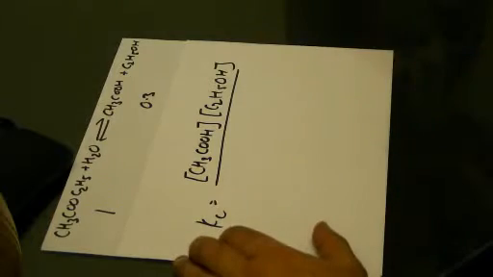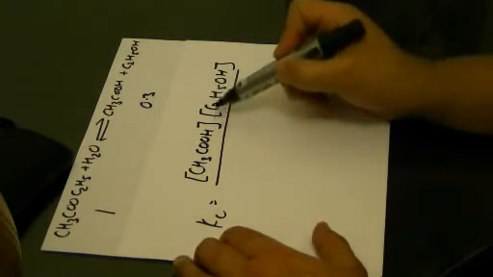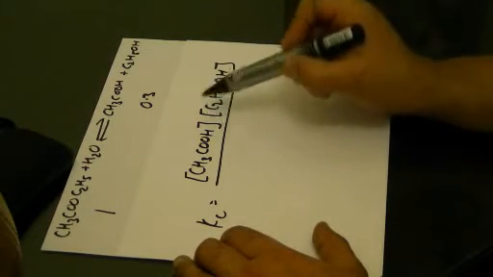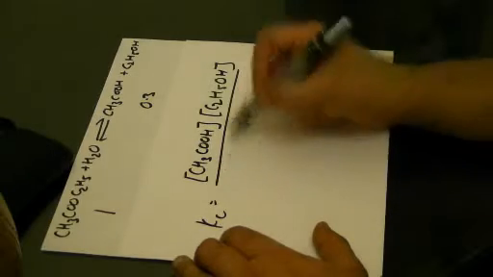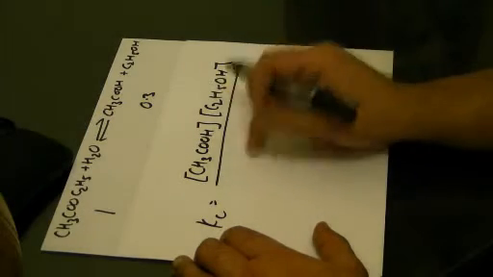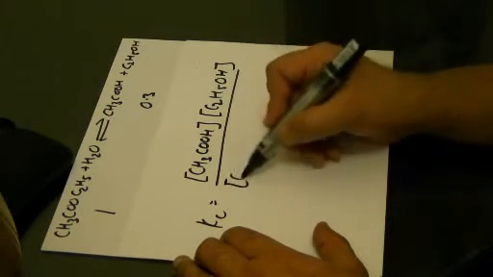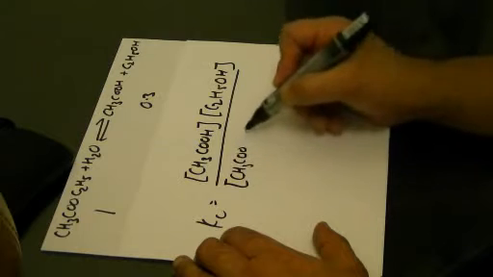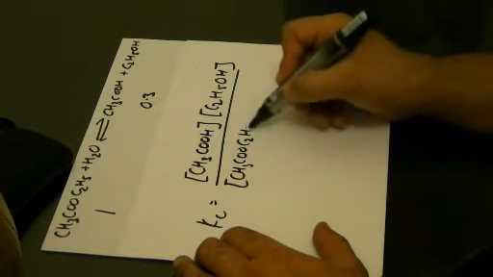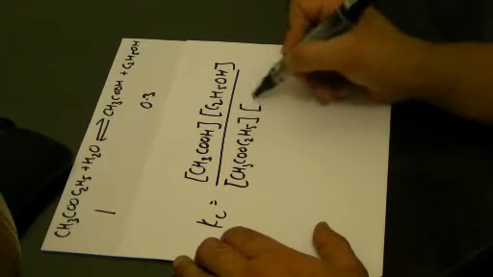For those people who don't do A-level maths, there is no mathematical operation written between the two square brackets, so that means times. Underneath it we have our reactants, ethyl ethanoate and water.